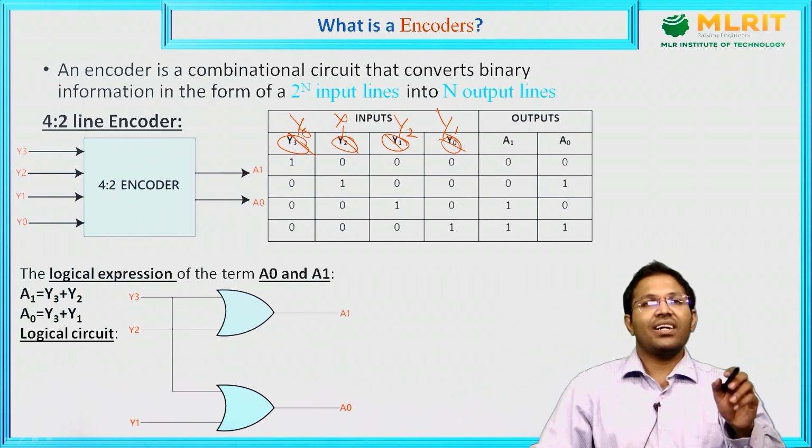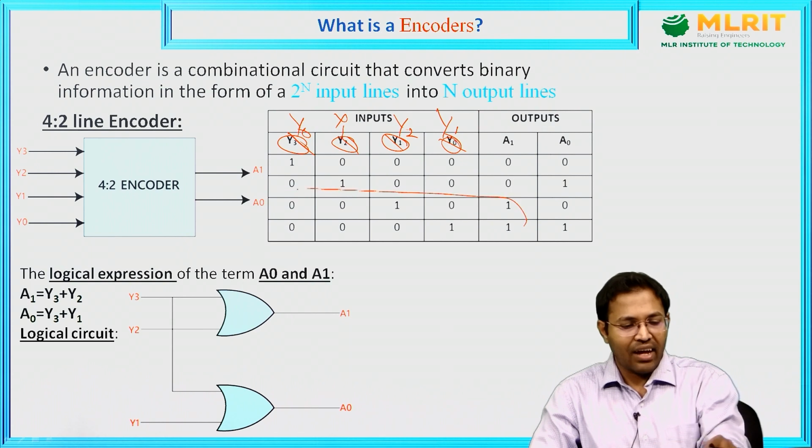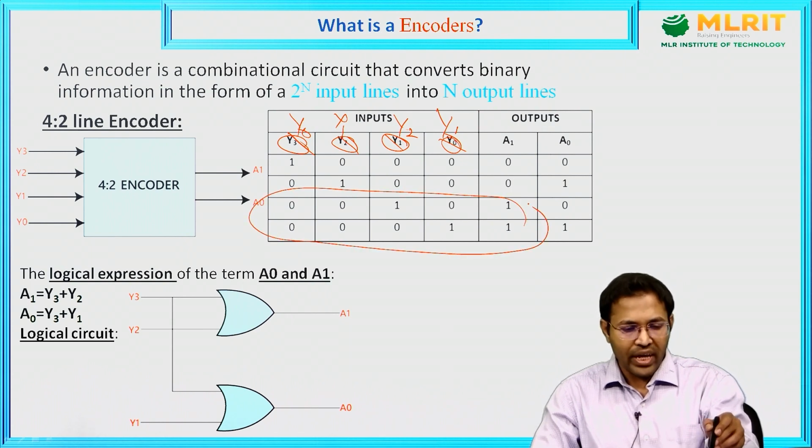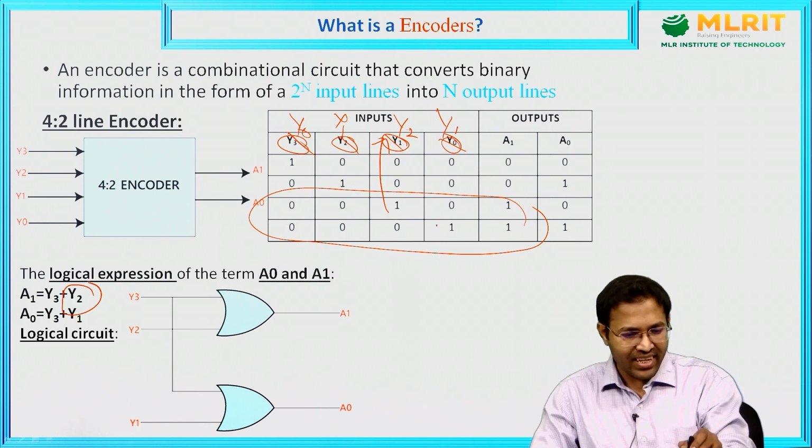Now, if you take y0, y1, y2, y3, let us see what is the expression that we have for A1. A1 here, if you look, you have a 1 here, so A1 will be y2. Then, where is the other one?